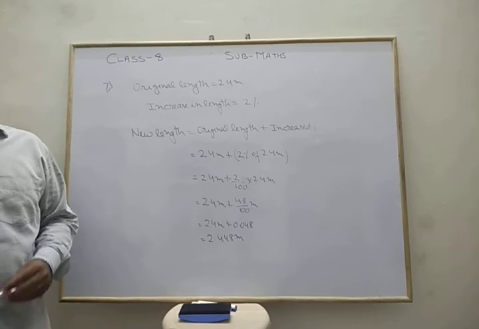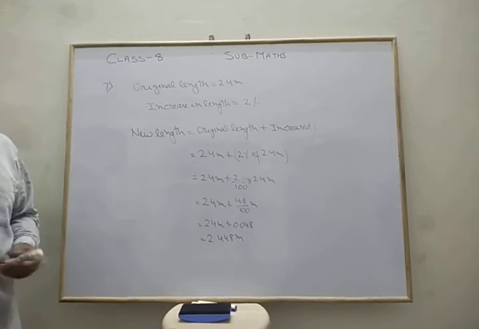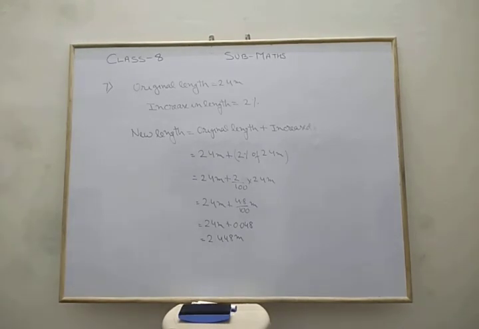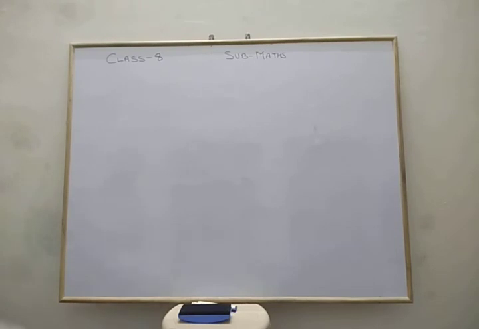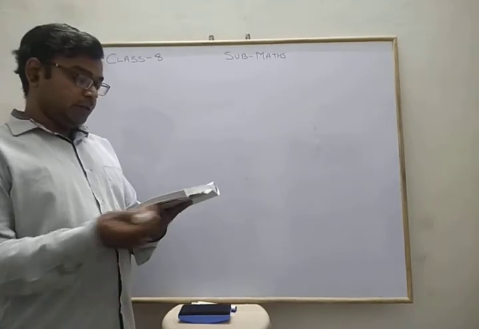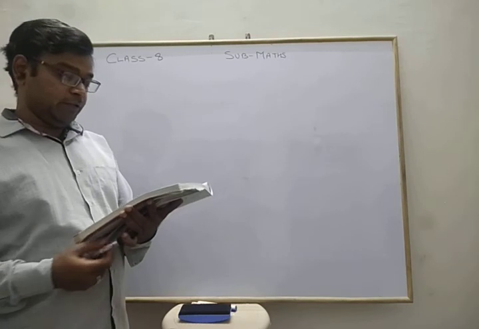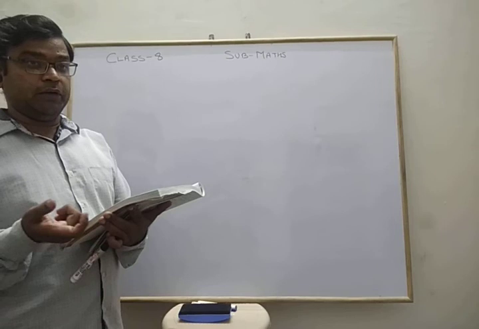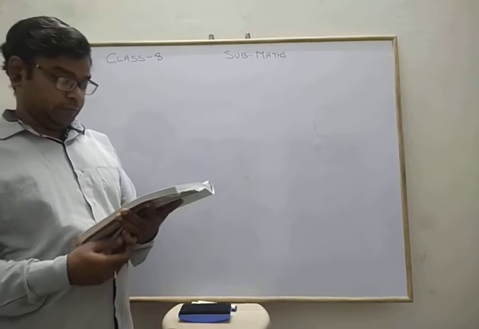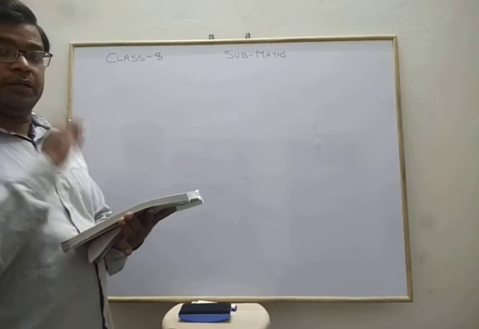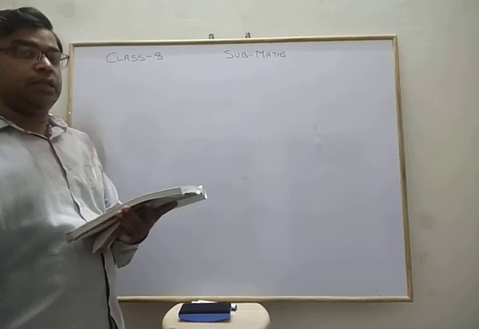Ninth question. It is an interesting one, the most interesting. It says that Piyush's marks in mathematics were wrongly read as 65 instead of 85. Means actual value 85, wrong value 65. What is the percentage error in the marks? This is the concept about change in percentage.